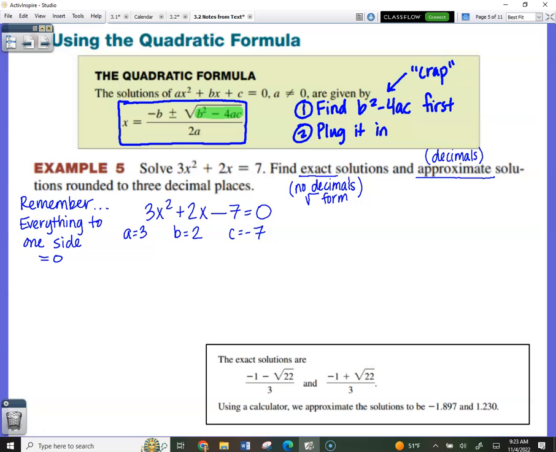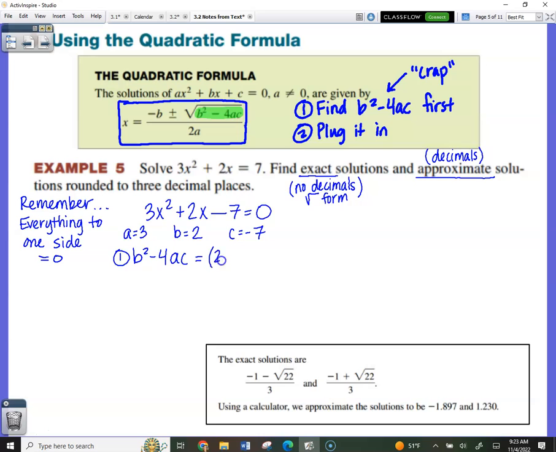Okay, we're going to find b squared minus 4ac first. For the love of all things holy, put b in parentheses when you square it, because if it's negative and you square it without parentheses, it's going to stay negative, and that's a no bueno. It's supposed to become positive.